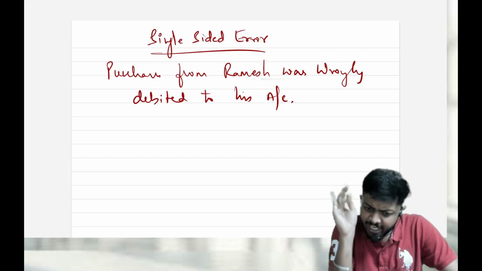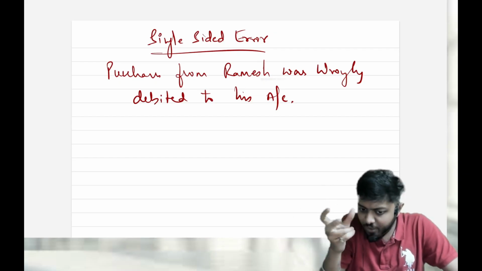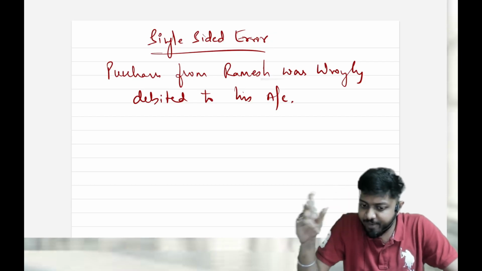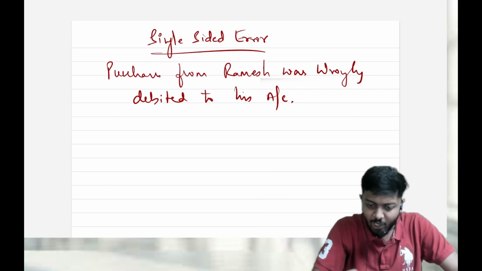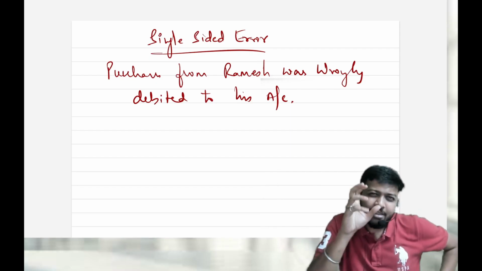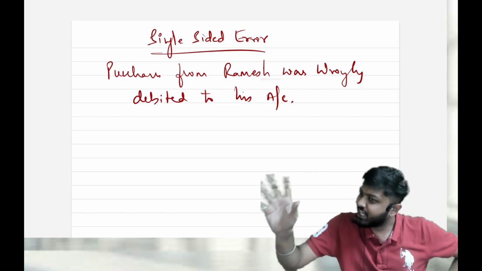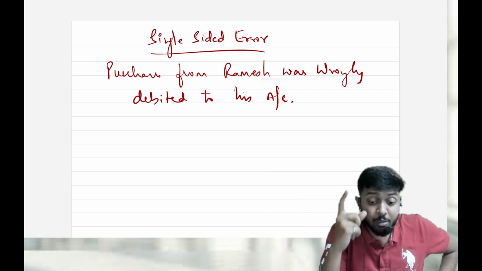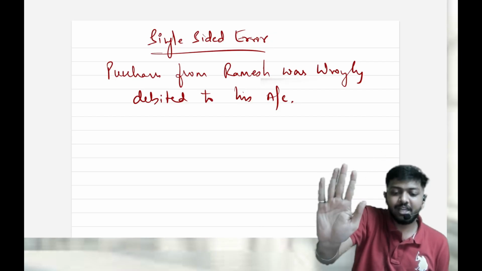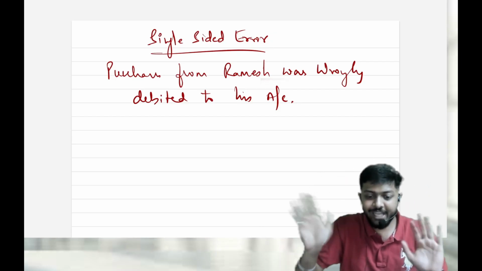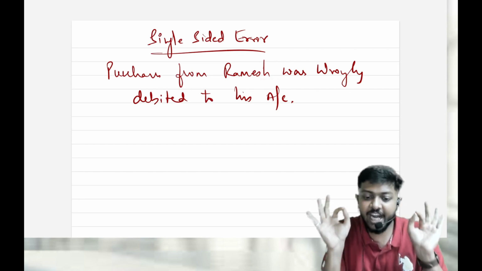If they tell you that something wrong has happened with respect to a particular account, your assumption should be that only that particular account is wrong. You should not assume anything else for the other account. Please try to understand this.